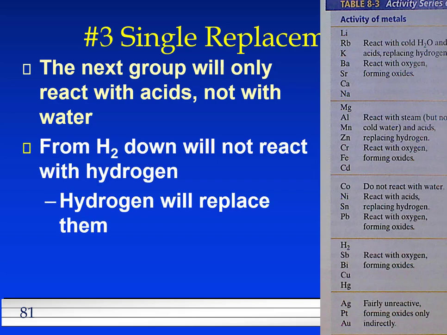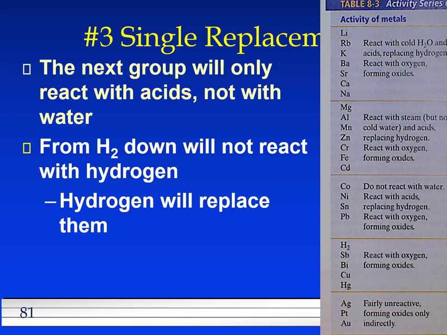From H2 on down, they won't react with hydrogen at all. In fact, hydrogen will replace them. What do I mean by hydrogen replacing them?